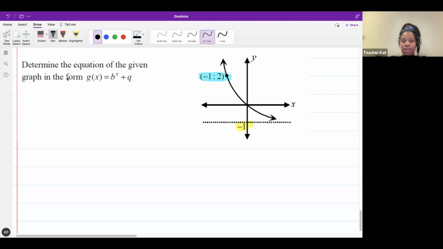Okay, so then I'm substituting. Now, just for me, I'm going to write x and y so I don't forget. I also got tricked. That's why I asked you. 2 is equal to b to the power of, not x, b to the power of -1, minus 1. Okay, -1 goes over, so I have 3 is equal to 1 over b.